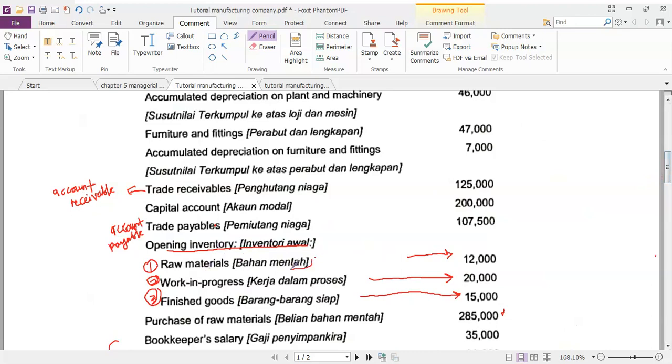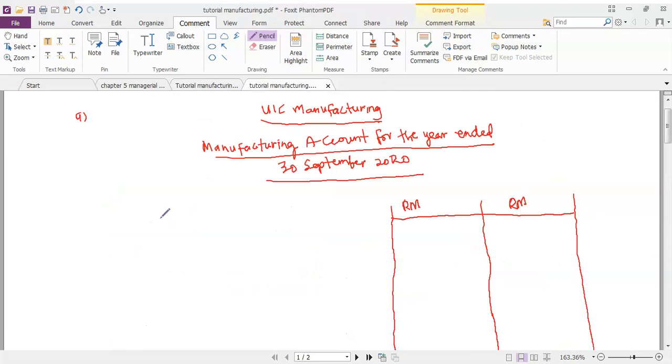This is the opening inventory for raw material that we should put in the manufacturing account, 12,000. So you should write here direct material used.